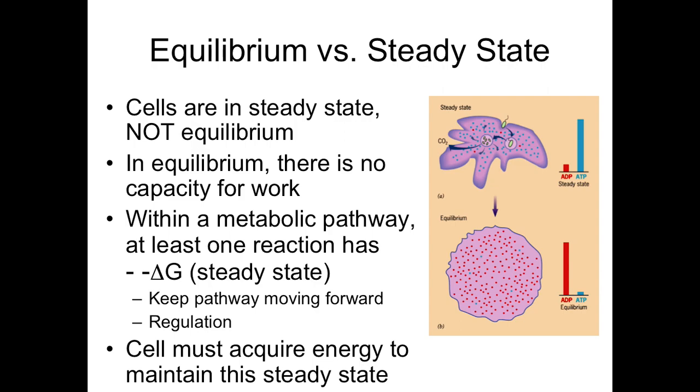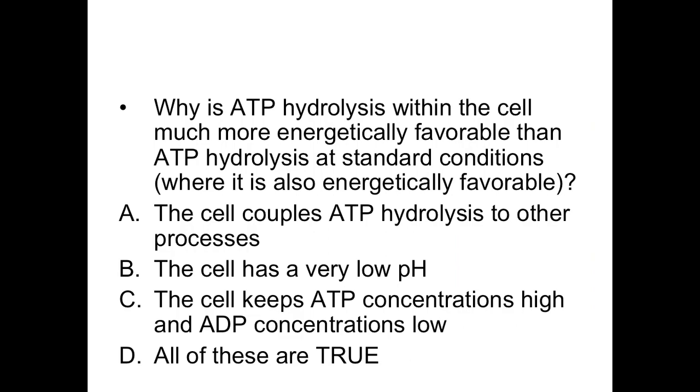It is a very, very important process, not just for keeping the water balance of the cell, but also for powering other processes by secondary active transport. So, what kind of cells will maintain equilibrium? Only dead cells. That's very dramatic, isn't it?